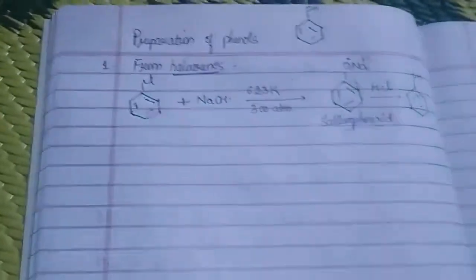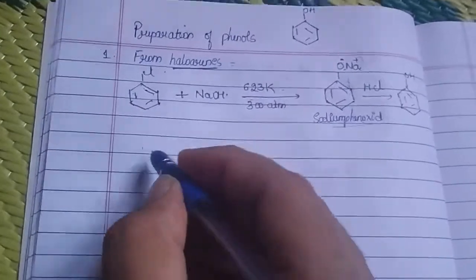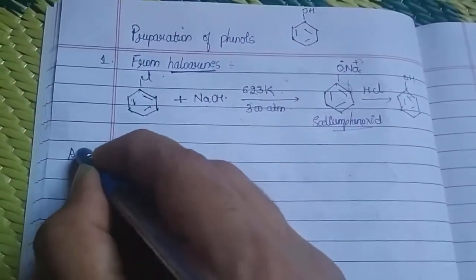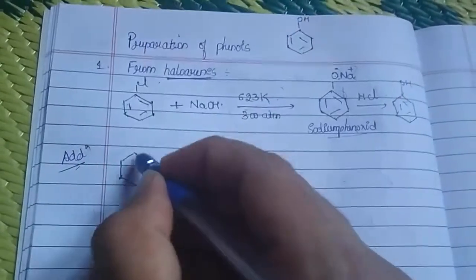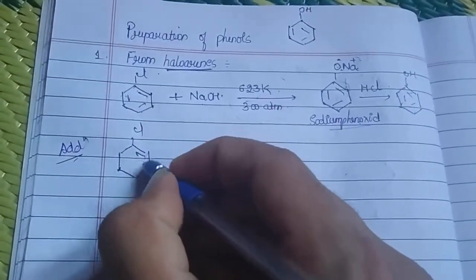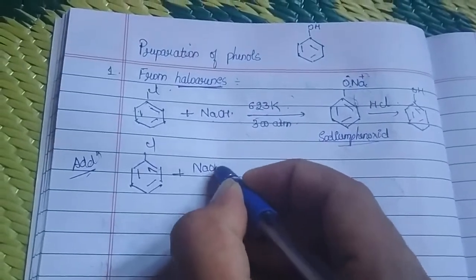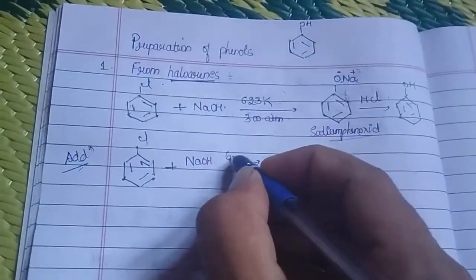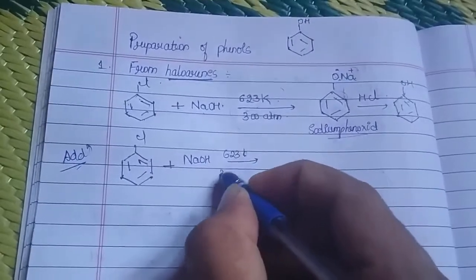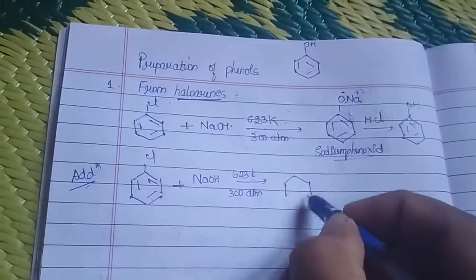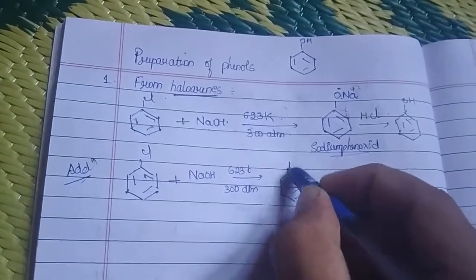Now an additional piece of information, let us look at it. Remember guys, whenever chlorobenzene first reacts with sodium hydroxide at 623 Kelvin temperature and 300 atmospheric pressure, to our astonishment, we got phenol first.